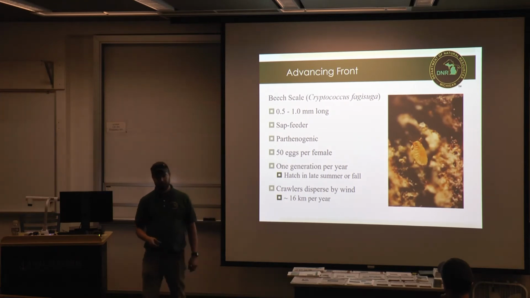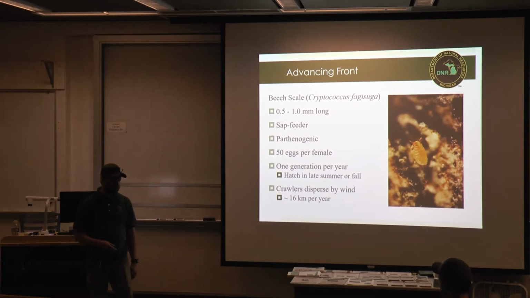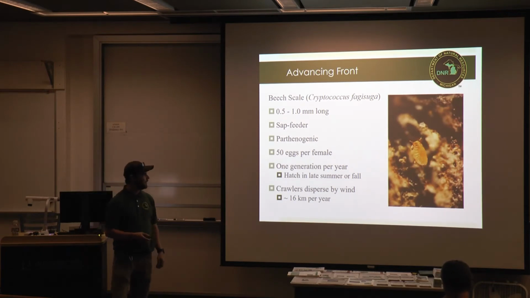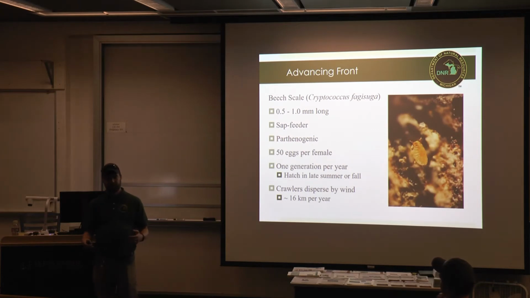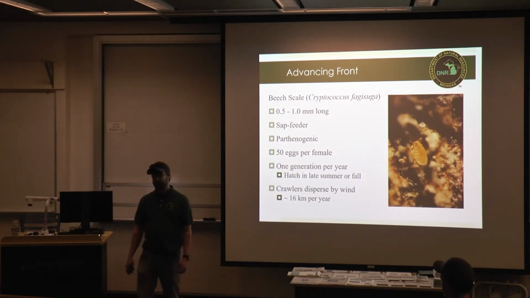Okay, insecticides do work as a contact spray in some cases, but do not think injecting your trees or doing a basal or soil drench is going to protect that tree from beech scale. Done a number of studies and it does not work.